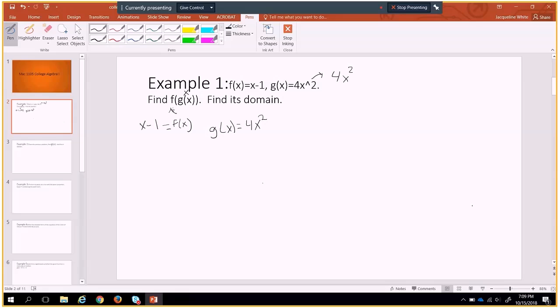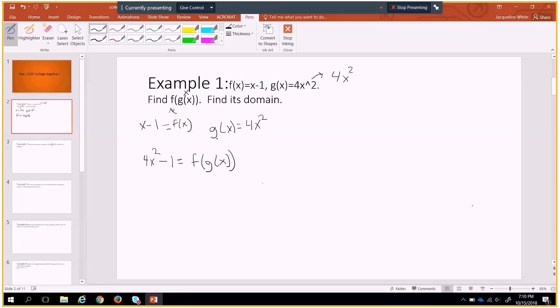So for the inside function, we substitute it in for every single x in the outside function. If we substitute 4x squared in for every single x in our f of x, we get 4x squared minus 1, and that's equal to f of g of x.